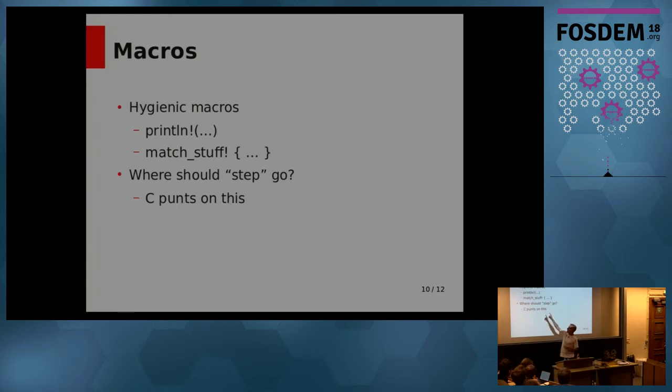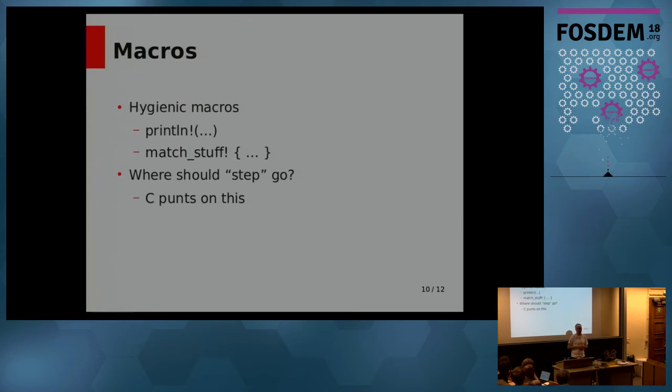But there are other ones, where you can write complicated matchers that take a block of code as the argument, destructure it, and stuff things in there. And the question is, when you're stepping through code and you hit a macro, what should step do? Where should it go? Or what should next do?